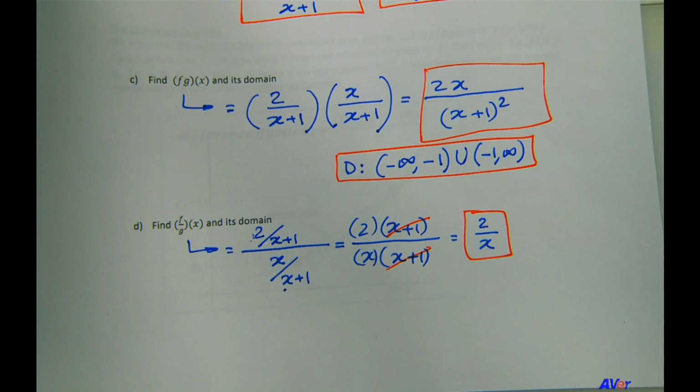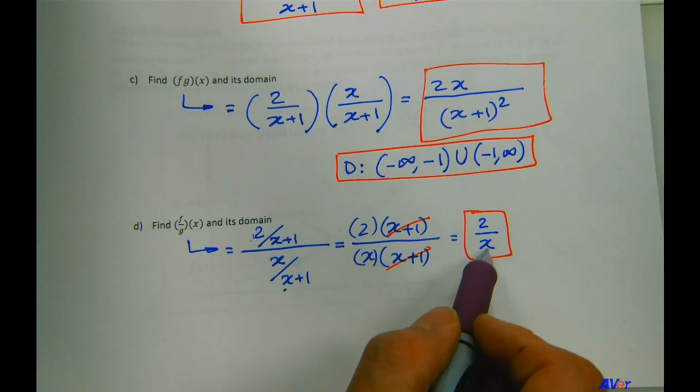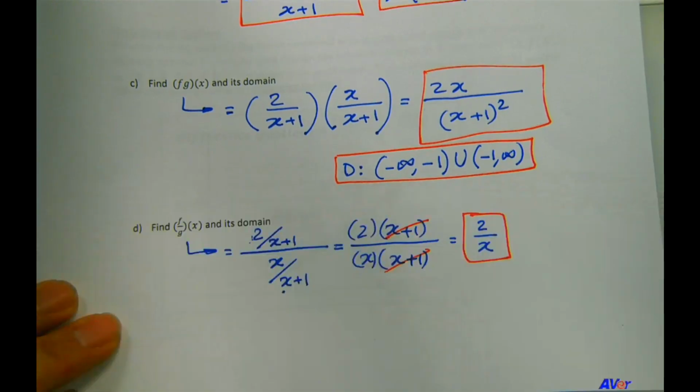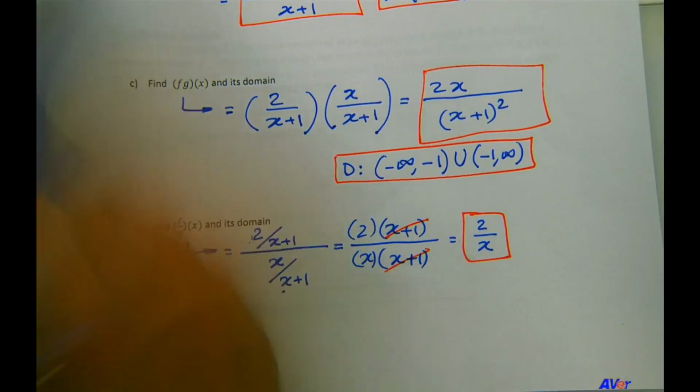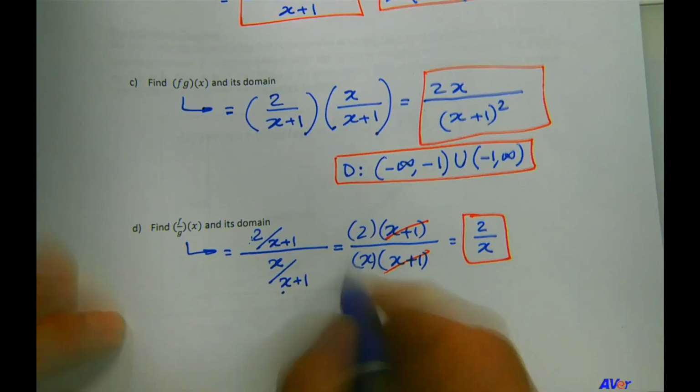So in addition to -1, which the parent functions could not have as part of their domain, in the domain of the combined function, we cannot have 0, x equals 0. So this domain should satisfy the combined function as well as the parent functions.